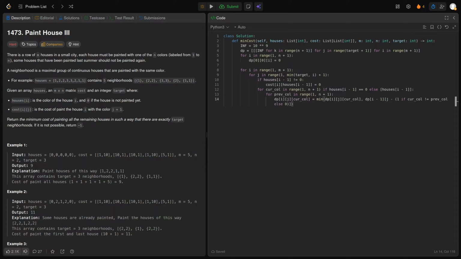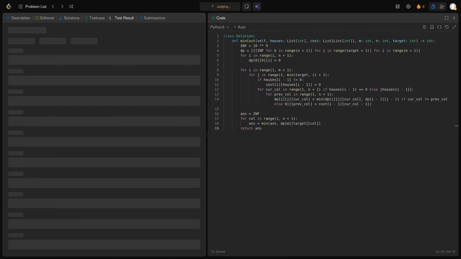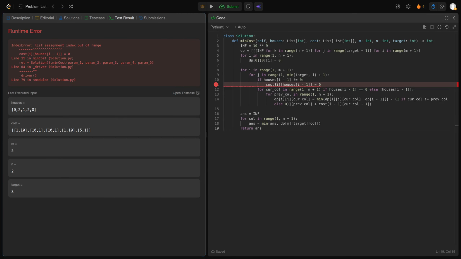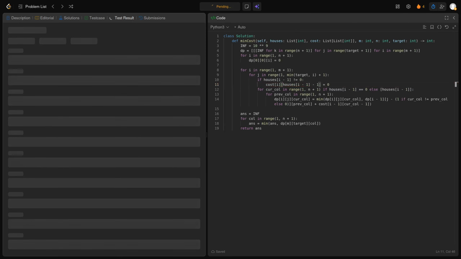So else it's 0, and then ref color plus cost, okay, and then for color in range, dp[m][target], like this.